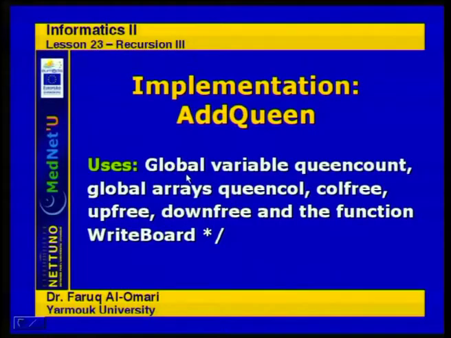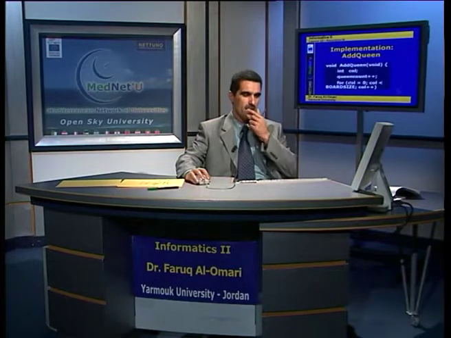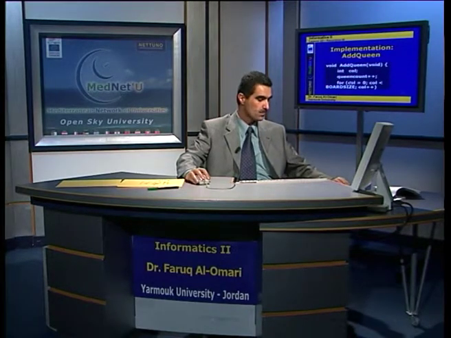Usages: we're going to use the global variables queen count, which is a global variable that counts the number of queens that I already have on the chessboard. Global arrays that I have already defined, like queen column, column free, up free, down free, and the function write board. Okay, let's see the implementation.